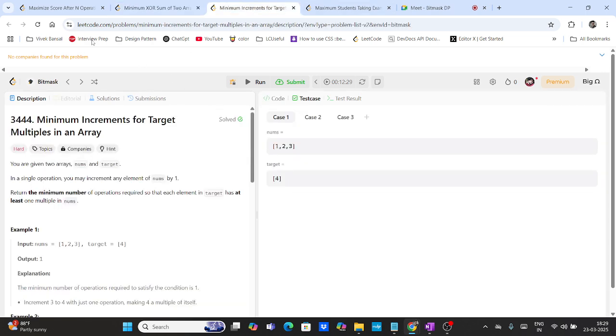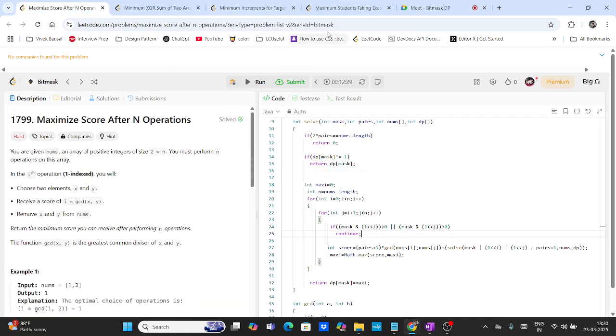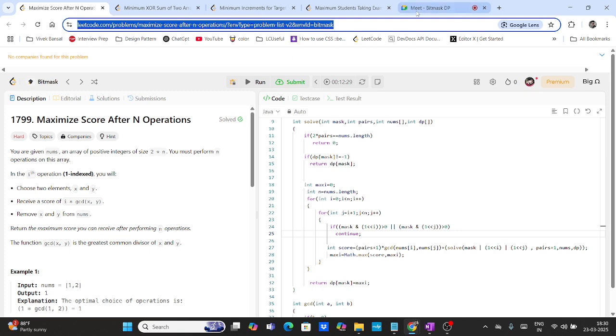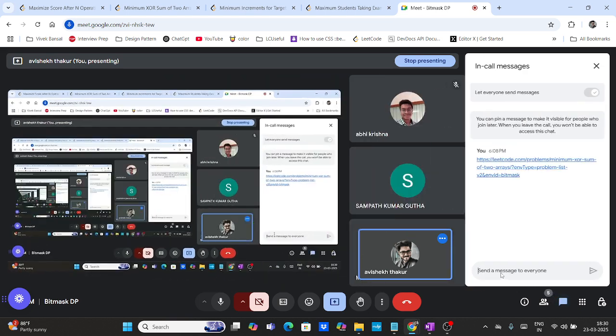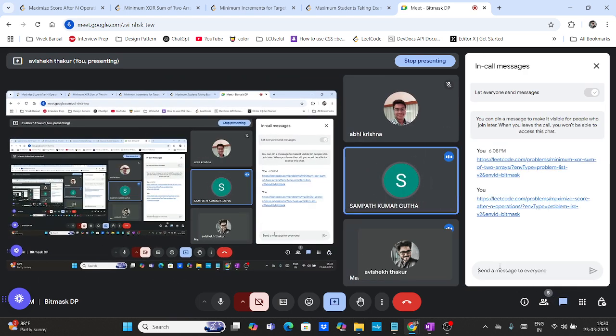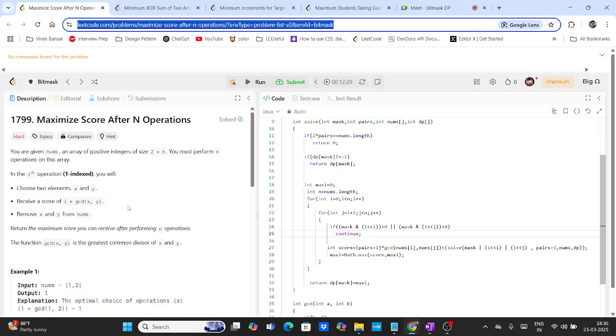Let's go to the next question. Check this problem and let me know whether you understand or not.